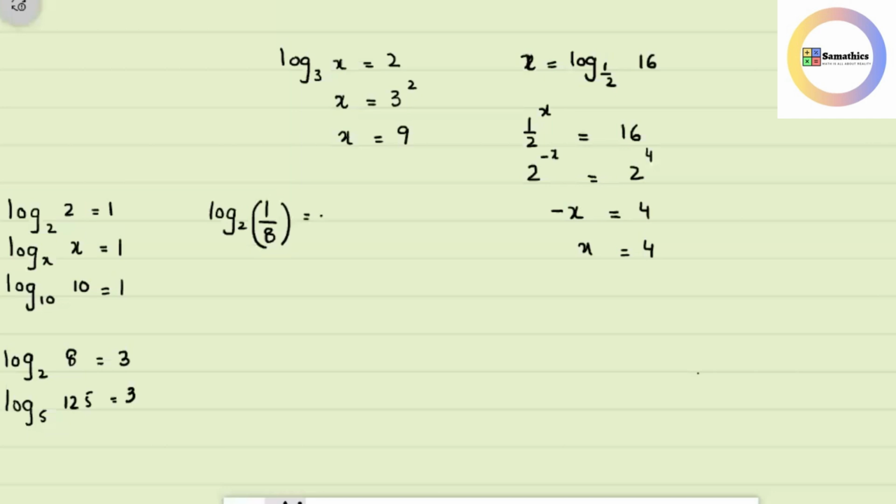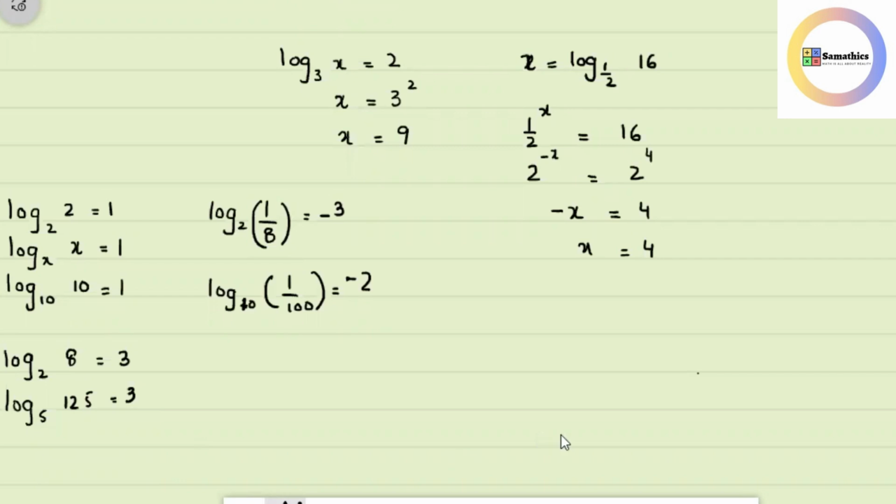Minus 3. Whenever it is a fraction, then the power is to be negative. If it is written log 10 of 1 upon 100, it means that minus 2 is the power. That's why the result is 1 upon 100. Whenever we get a fraction, then the power is to be negative.